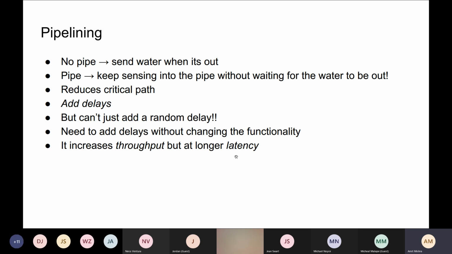The longer the pipe you use, the faster you can put the water in. What it basically means is you reduce the critical path, and how do you do that? You add delays. If you can add delays without changing functionality, it will of course increase the throughput, but at the cost of longer latency.